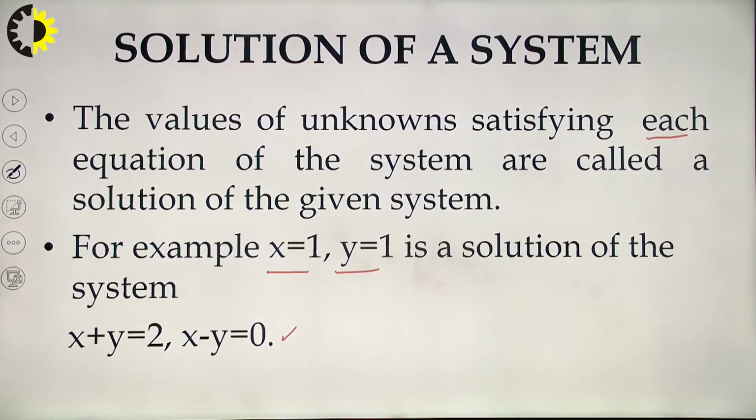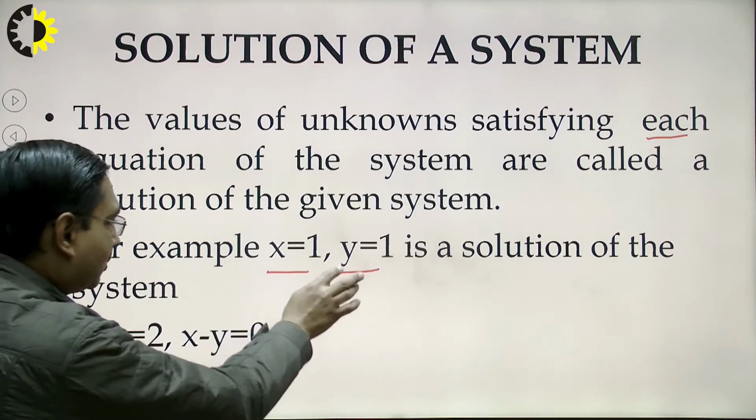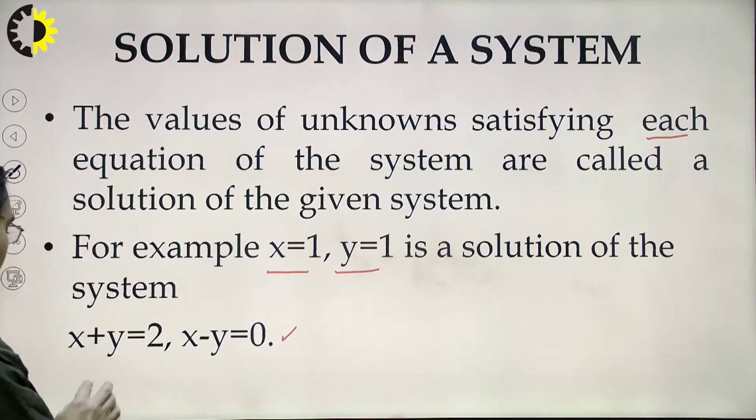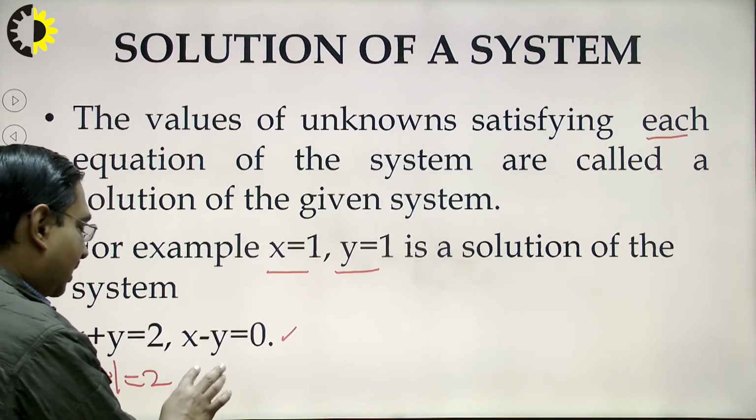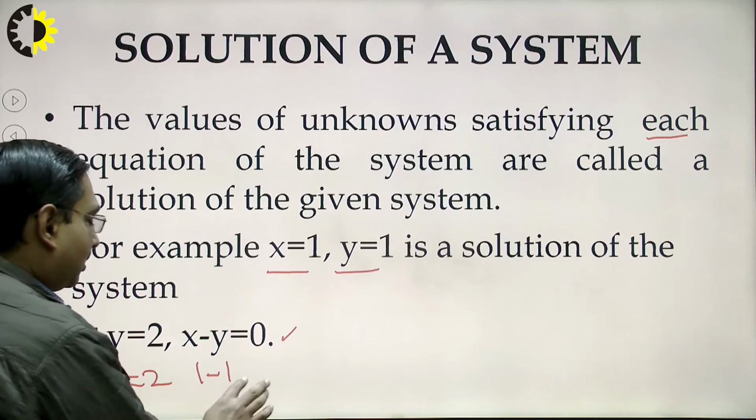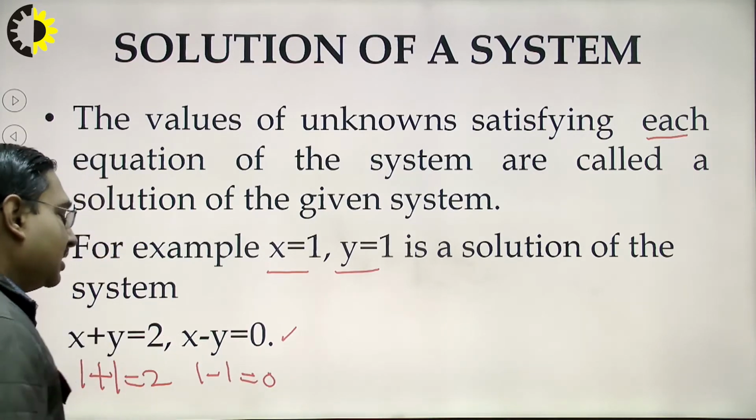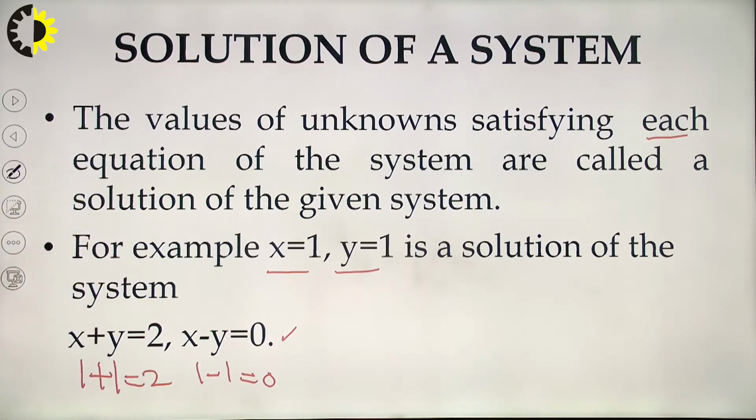Why? Because if I substitute x equals 1 and y equals 1 in the left hand side, I obtain 1 plus 1, which is 2, so the equation is satisfied. If I substitute these values in the next equation, the left hand side will be 0, which is equal to the right hand side. Thus, x equals 1 and y equals 1 satisfies the system and is a solution of it.